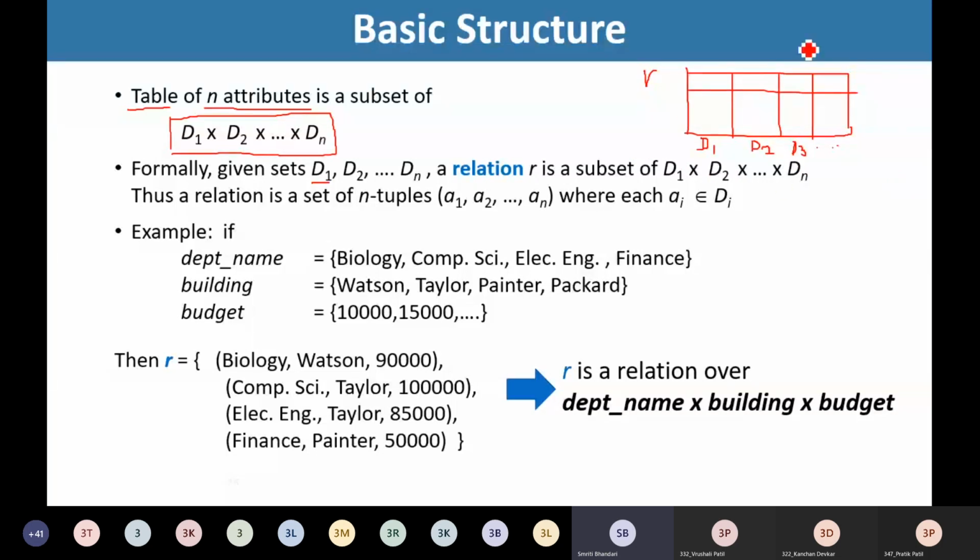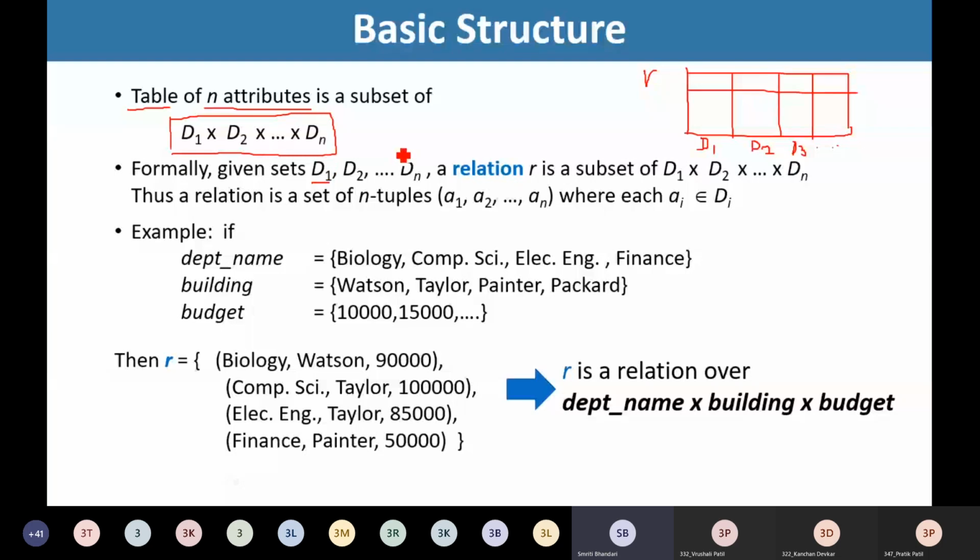Now, if I want to represent this relation R, how am I going to represent it? I am going to represent this relation R as a subset of the Cartesian product d1, d2 up to dn, the Cartesian product of all the domains.